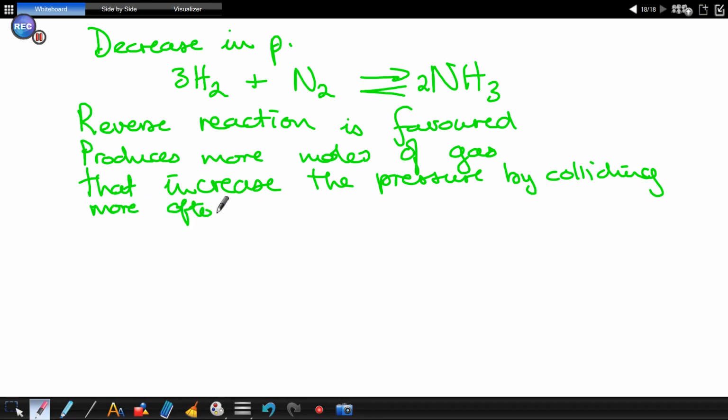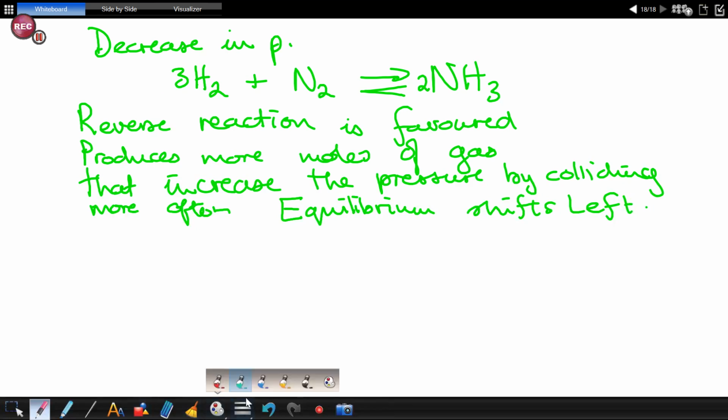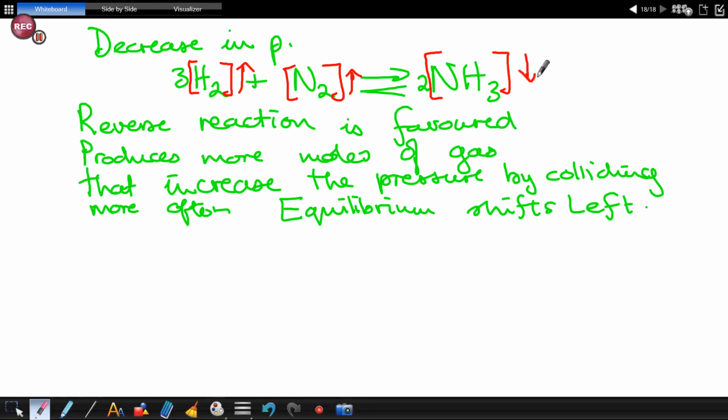So the equilibrium shifts left. What does it mean? The concentration of the hydrogen will increase, the concentration of the nitrogen will increase, and the concentration of the ammonia will decrease. The rate of both reactions, forward and reverse, will do what?